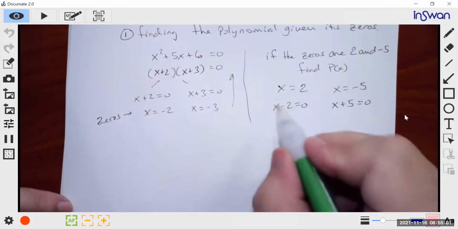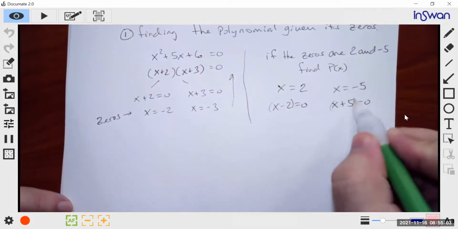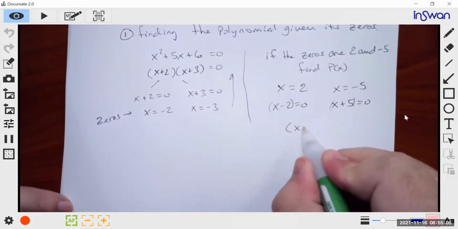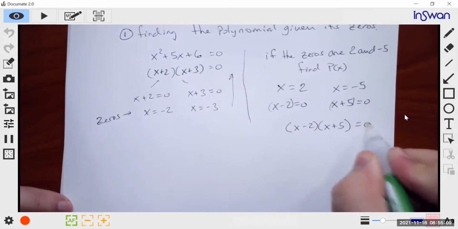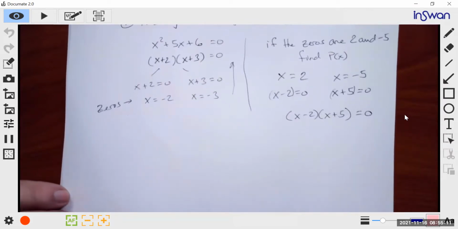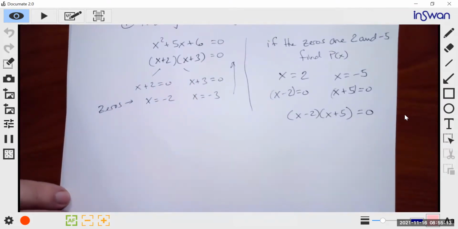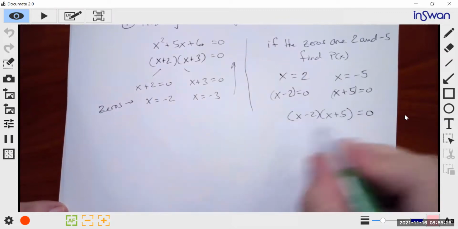Since they equal 0, if I multiply both of them together, it should also equal 0. Now we just multiply.